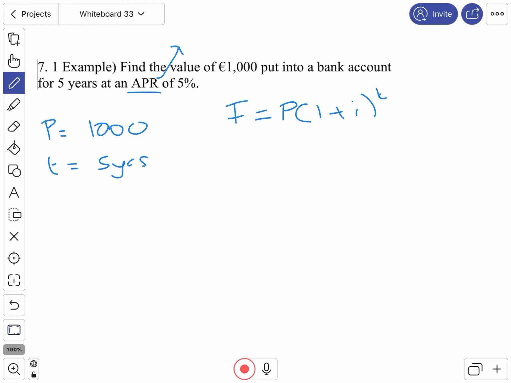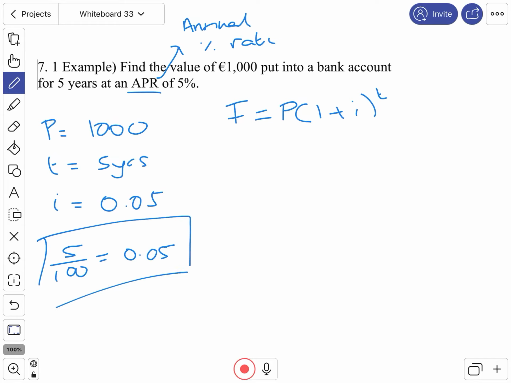APR represents annual percentage rate. Annual means year, and then percentage rate. So annual percentage rate is just what the interest is for the year. Now, we know that it can't be used as a percentage, so what you will do is write 5% as a decimal. That's 0.05. If you're not sure, take your percentage, put it over 100, and check what that is in the calculator using your SD button as a decimal.